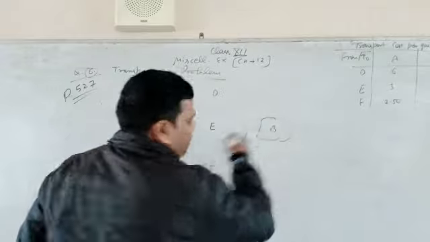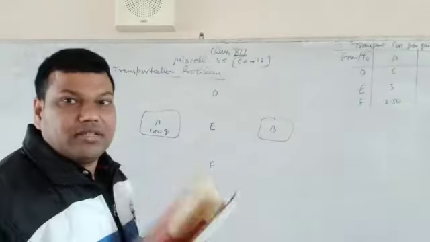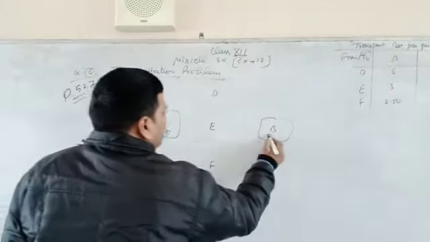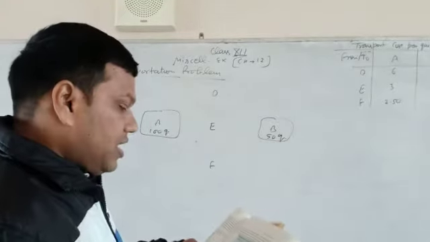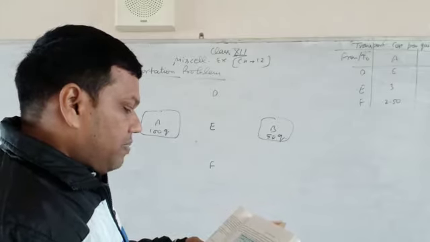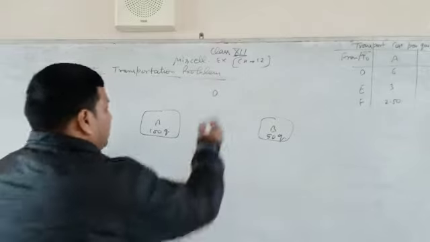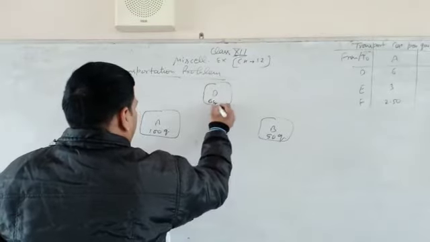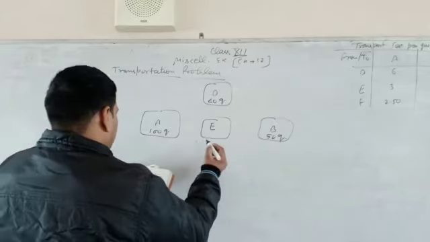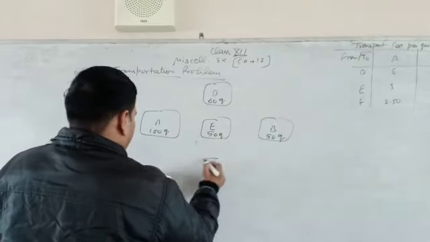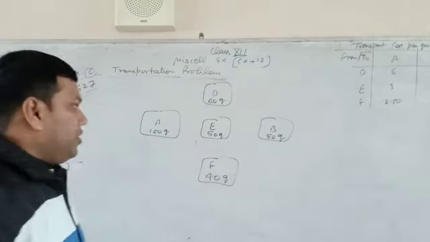And this one, B, has 50 quintals, as given in the NCERT book. Also it is given that they supply the 3 ration shops, whose requirements are 60 quintal, 50 quintal, and 40 quintal, right?